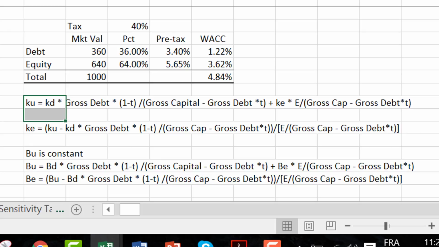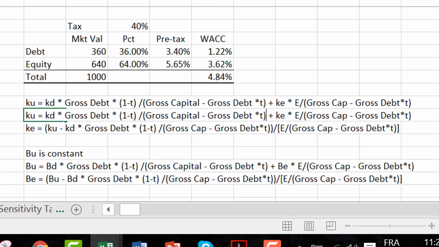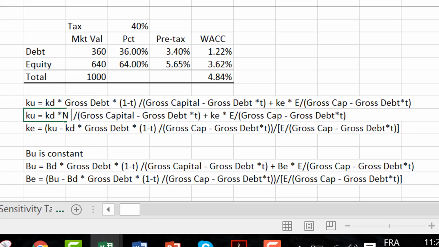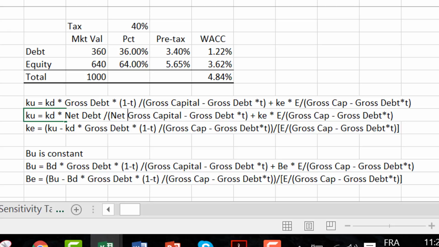We could also put, I'm just going to call this one net debt. So instead of putting all this silliness about gross debt, we'll just put net debt, and we'll call it net capital.